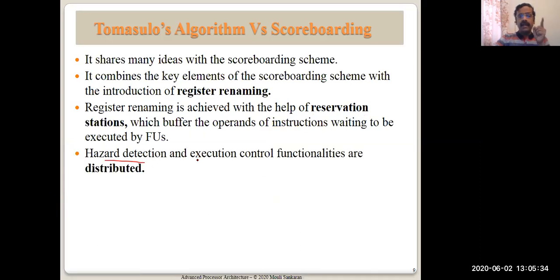Hazard detection and execution control functionalities are distributed. Now, if you recall, I told you that scoreboarding is centralized, whereas Tomasulo's algorithm or scheme is distributed. It is not in one place. The intelligence of finding out the hazard, exchanging information, and renaming the registers is not in one place. It is distributed over different hardware in the same system.